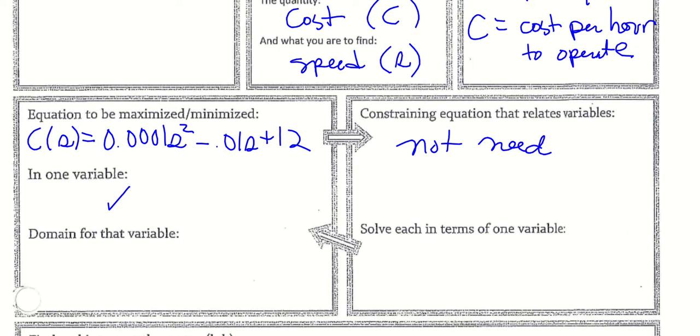The domain for that variable, S, is the speed of the truck. So if we think about it, in order for the truck to travel anywhere, its speed has to be greater than 0, and I'm sure there is an upper limit to that speed, but without knowing it, let's just go to infinity. That would be one fast truck.